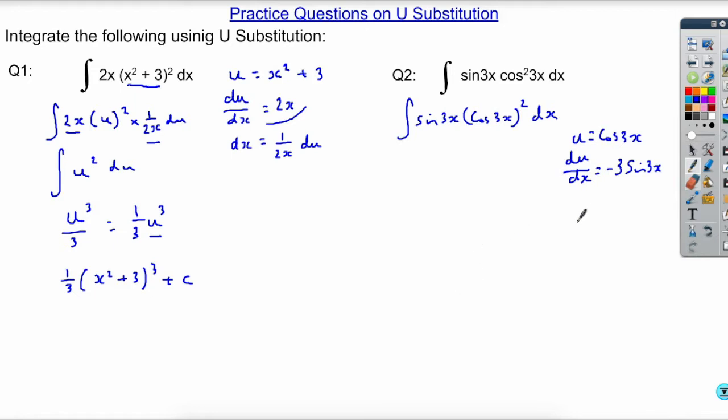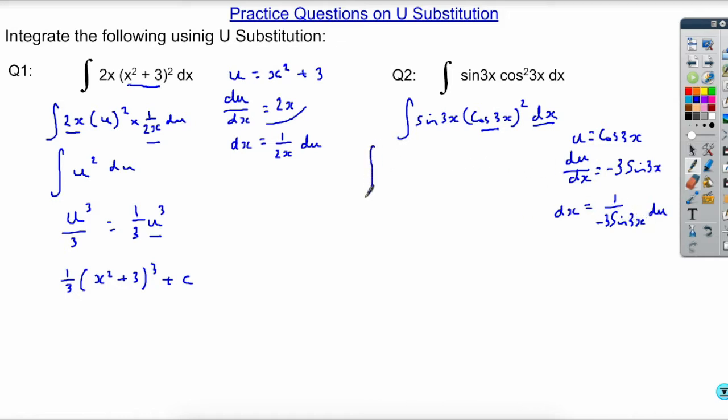And now I'm going to rearrange to make dx the subject. So dx is going to equal 1 over negative 3 sin 3x du. It's now time to replace my dx and my cos 3x with 1 over minus 3 sin 3x and u.